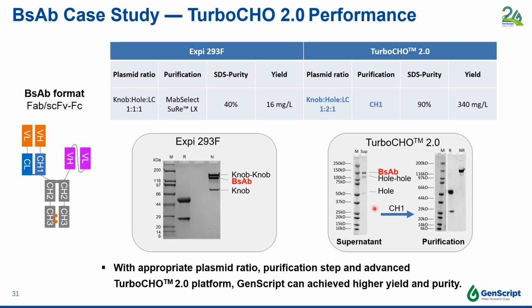So we use CH1 column directly. And finally, we get high purity and much higher yield. This is all we can do for your BsAb expression.